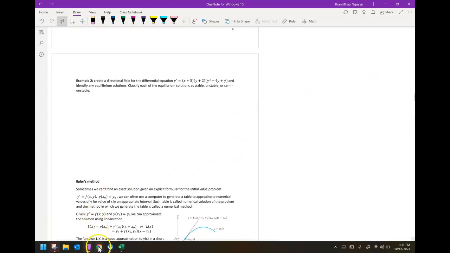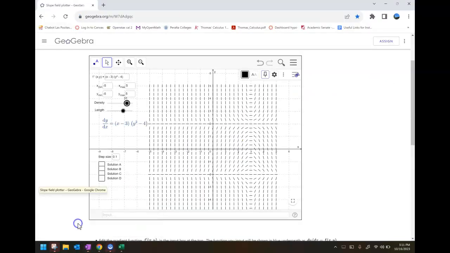So let's go ahead and draw the directional field. And that is x plus 5, y plus 2, y squared minus 4y plus 4.